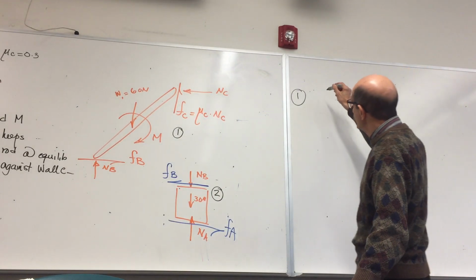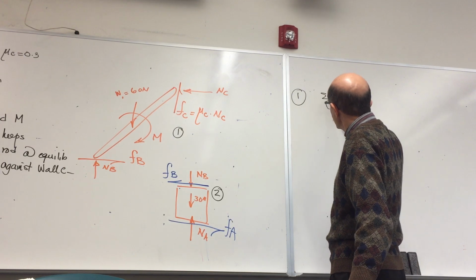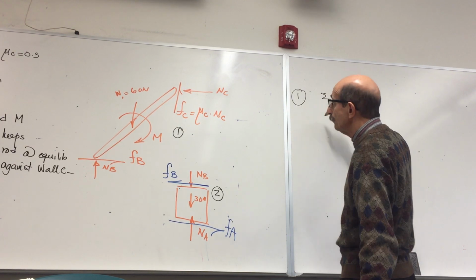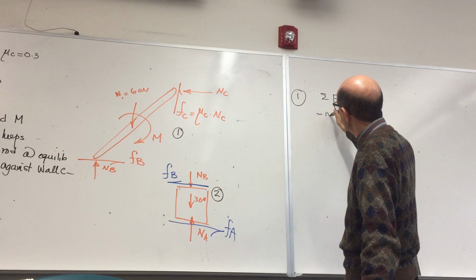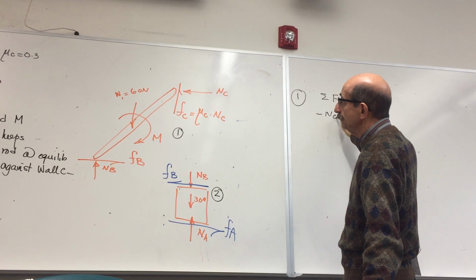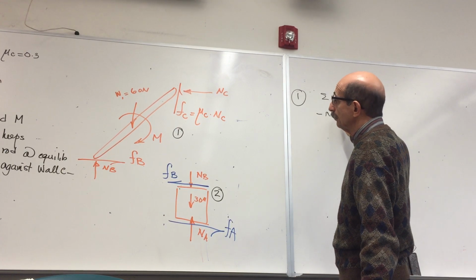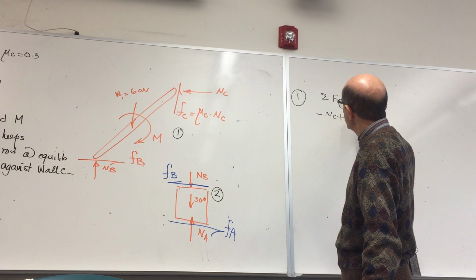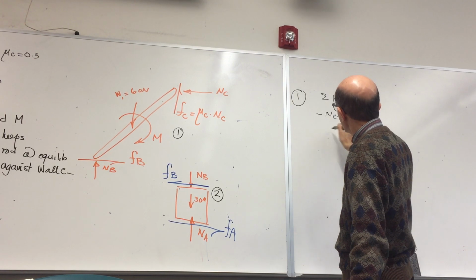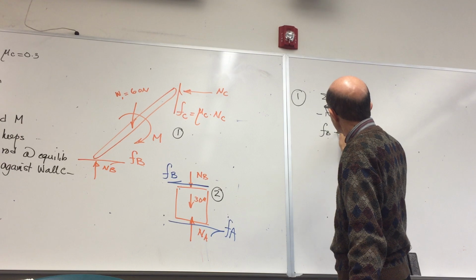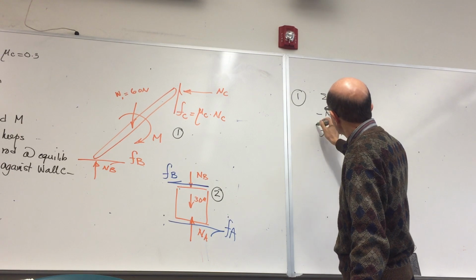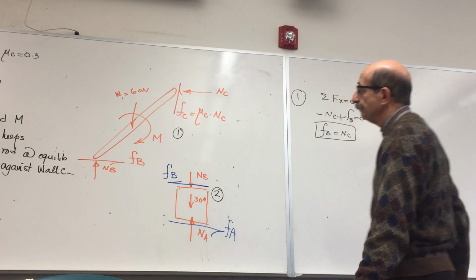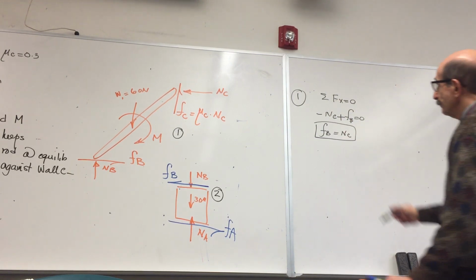I will write summation of forces along x is equal to 0. That will give me negative NC plus FB is equal to 0. So I have FB is equal to NC. That is one equation.